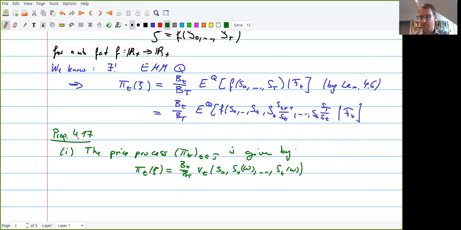Right? Because the price has to be F_t measurable, so it can only depend on the information up to time t. And we know actually that F_t, we plug in the prices up to time t, so these are just constant now. This is nothing else than 1 plus r, so we calculate here the discounting factor.